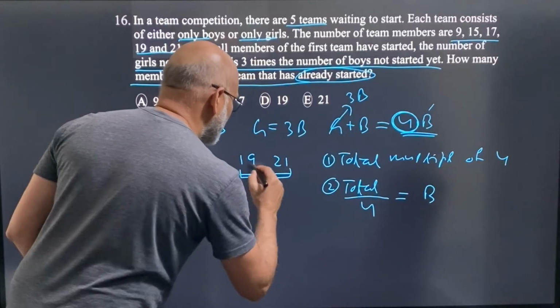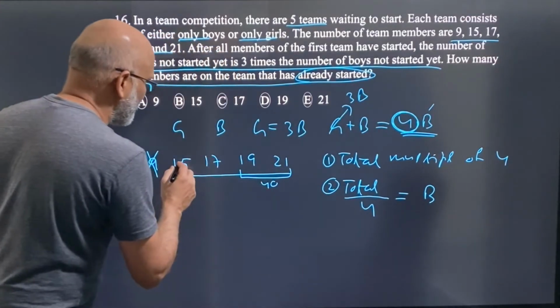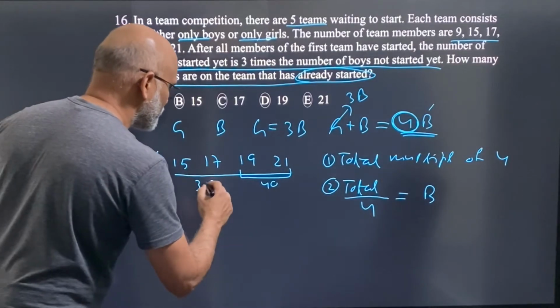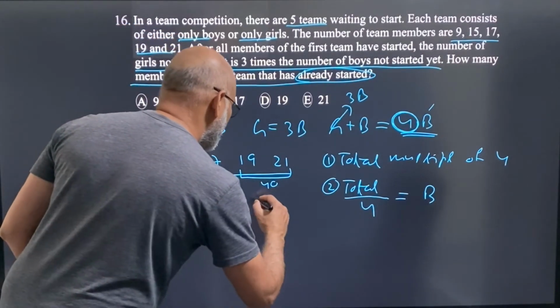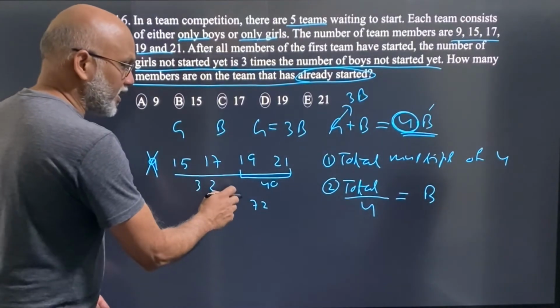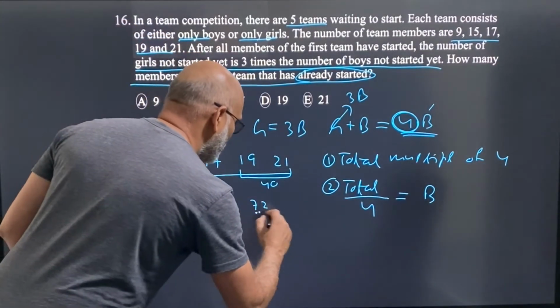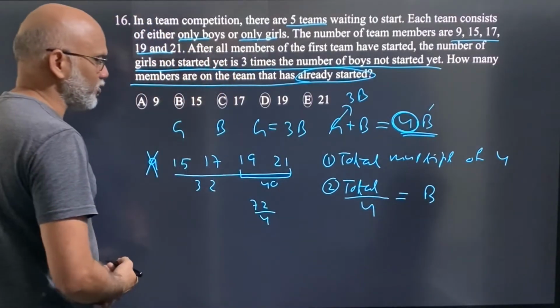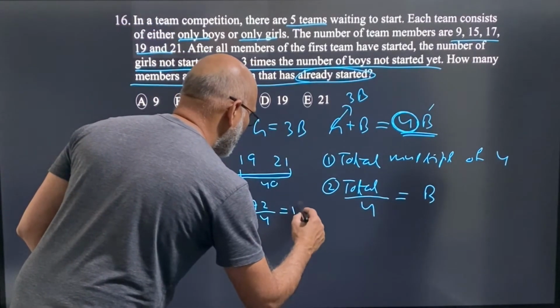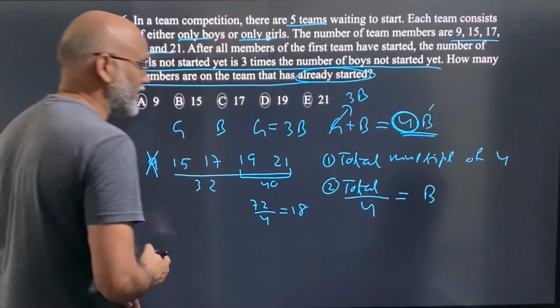Okay, so let me find the total here. 19 plus 21 is 40. Here 15 plus 17 is 32. So 32 plus 40 is 72, right? Now 72 is a multiple of 4. Okay, so let me divide 72 by 4. So this gives me 18, right?